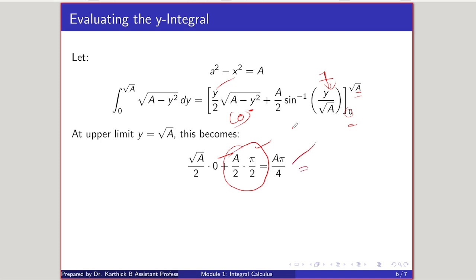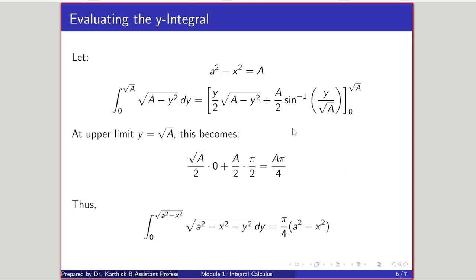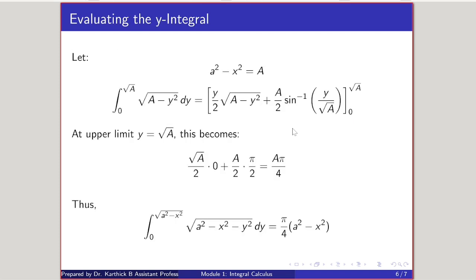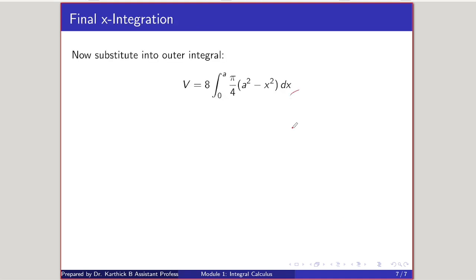Now I have to substitute the value back. So pi by 4 into a square minus x square, taken to the last integral with respect to x.